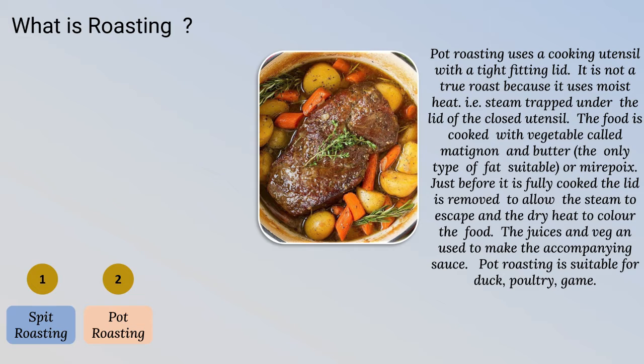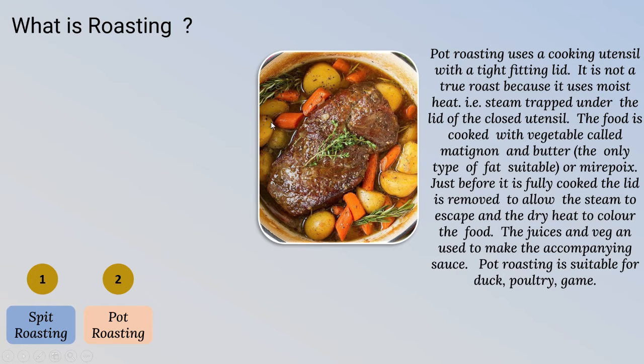That means it should have a lid on top. It is not a true roast. You can always understand that because as per the definition we have mentioned, food is cooked either in the oven or against the direct flame, and pot roasting is neither of these. So it is not true roasting because it uses moist heat.